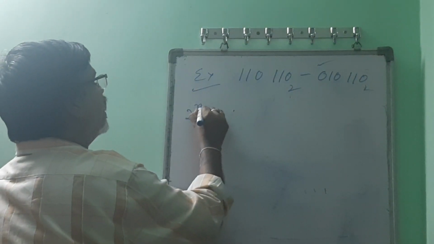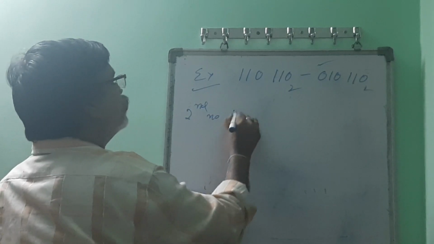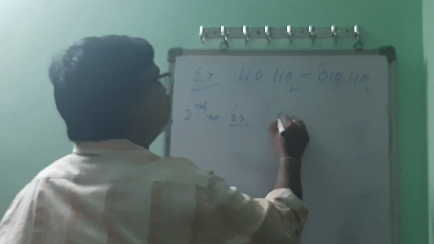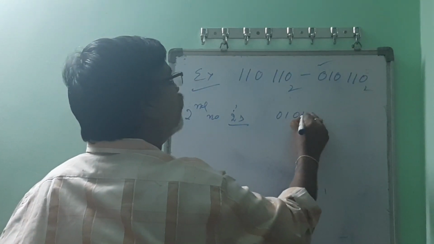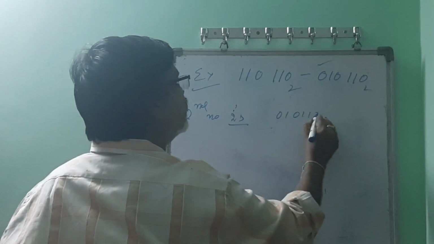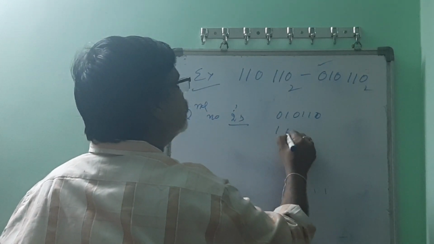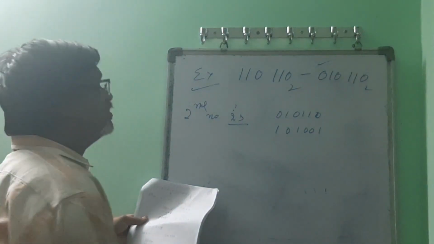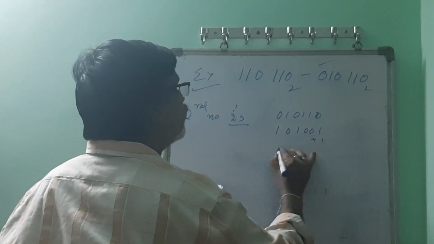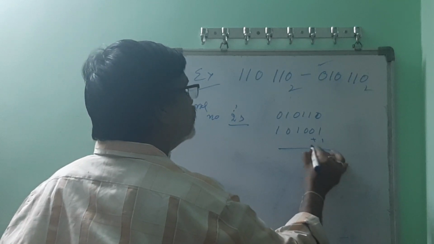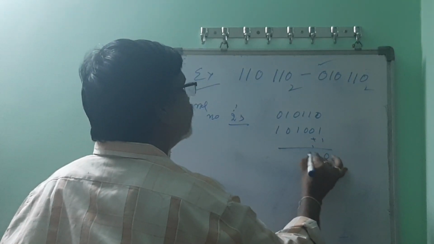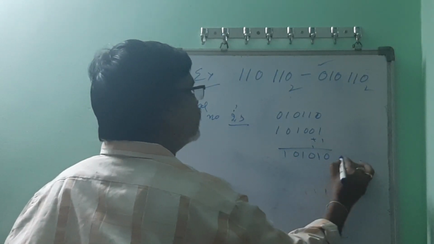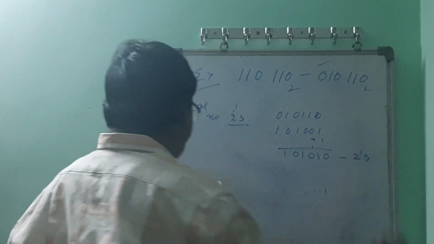The second number is 0 1 0 1 1 0. Its 1's complement is 1 0 1 0 0 1. But what we want is the 2's complement, so 1 0 1 0 1 0. This is the 2's complement of the second number.